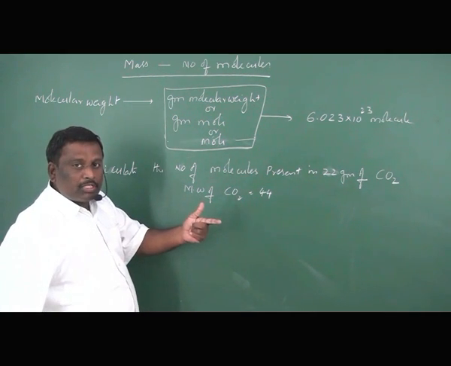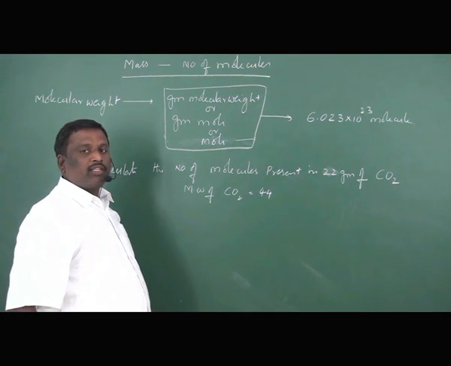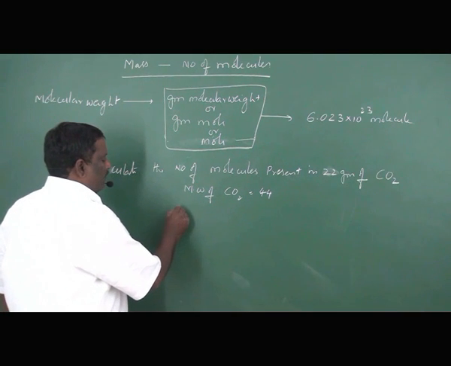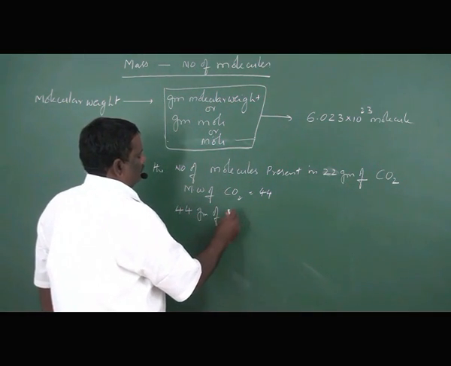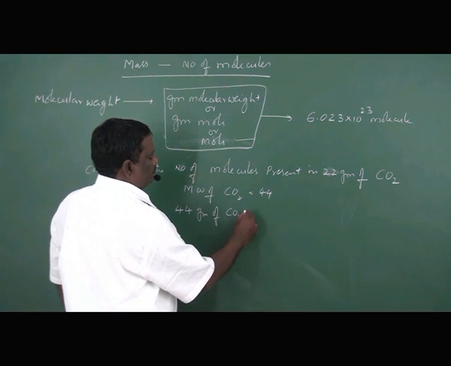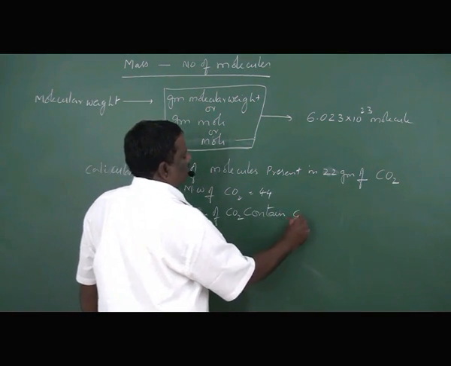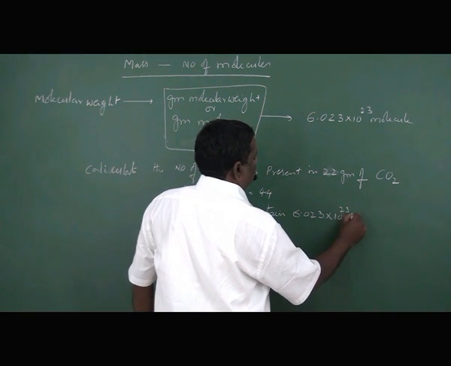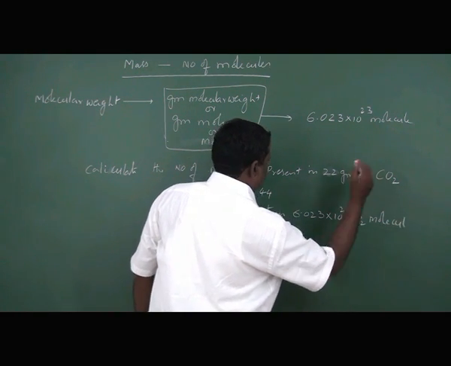And 1 mole of that substance will contain 6.023 into 10 to the power 23 molecules. So, 44 grams of CO2 contains 6.023 into 10 to the power 23 CO2 molecules.